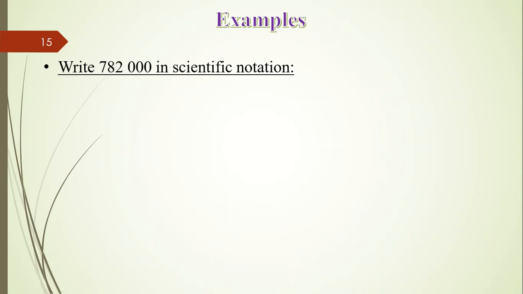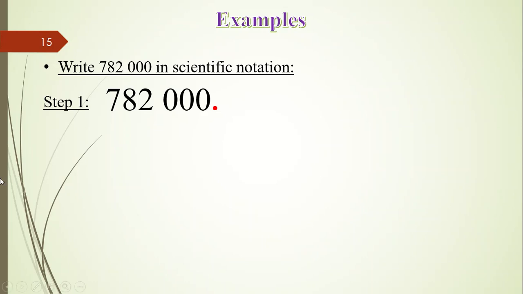For example, write 782,000 in scientific notation. So here, the old decimal point is beside the last zero, okay? We have to put the decimal point beside the first non-zero integer.